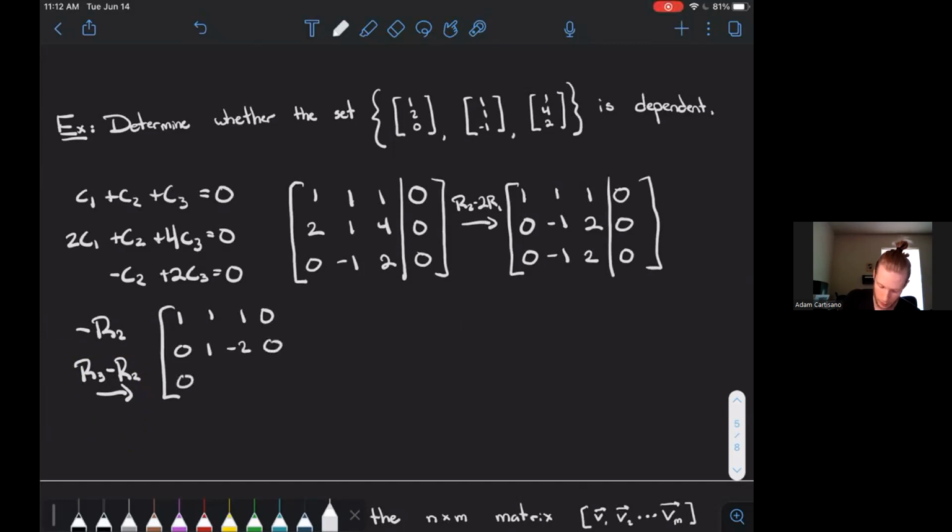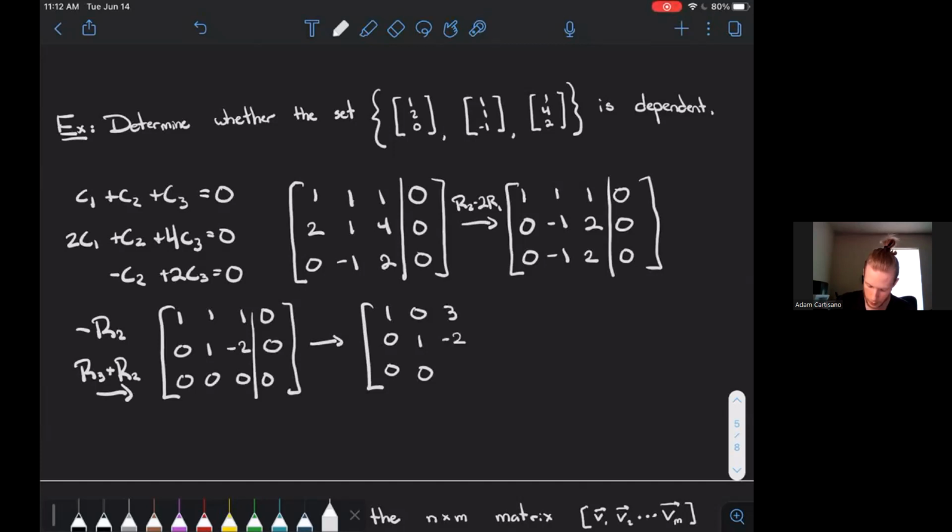And the bottom row will be all zeros, 0, 0, 0, 0. And the last step is to subtract row 2 from row 1. So 1, 0, 3, 0, 0, 1, minus 2, 0, 0, 0, 0, 0.